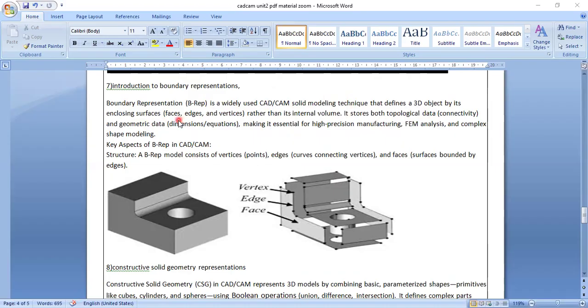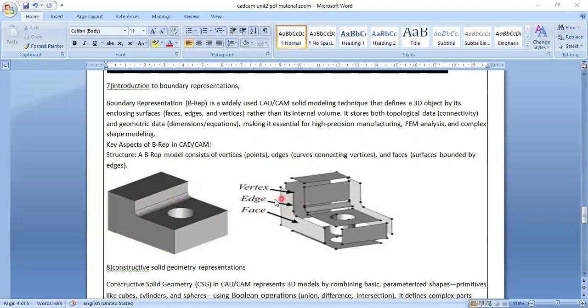It is enclosed by its faces, edges, and vertices, rather than its internal volume. So only the boundary we are gathering. We are not bothered about volume. It stores both topology data and geometric data, making it essential for high precision manufacturing. So you can also manufacture hollow things. We are not bothered about the inside volume, but we are bothered about the representative figures. In this representation, these lines we are taking.